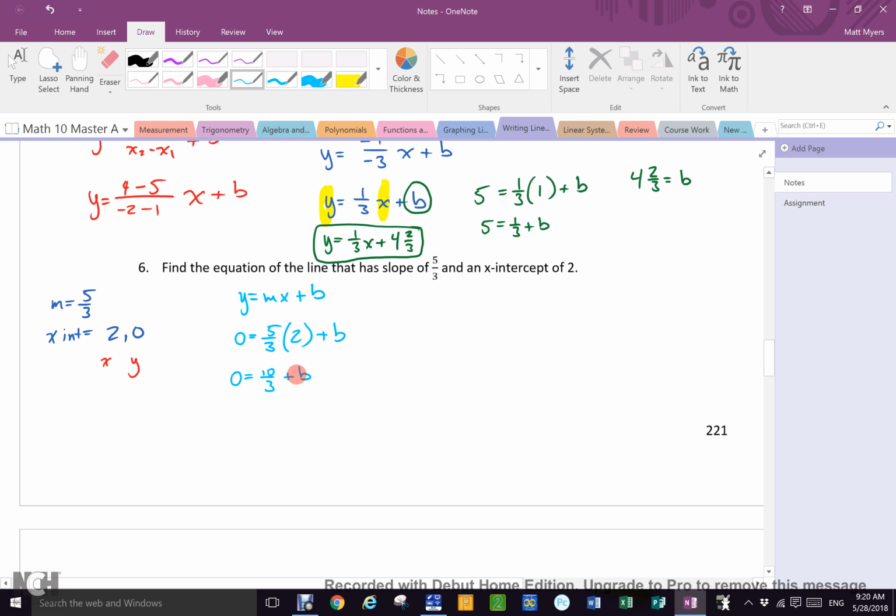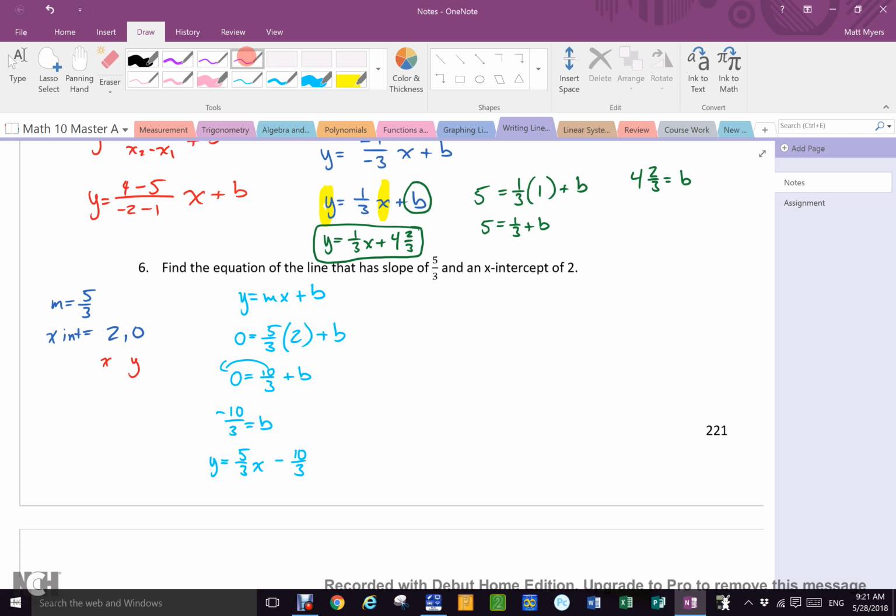How would I get b by itself? I would bring the 10/3 over here, wouldn't I? Negative 10/3 equals b. Now, do I have the m? Yeah. Do I have the b? So do I have the answer? What is it? Y equals 5/3 x. What goes in for b? Minus 10/3. Everybody cool?